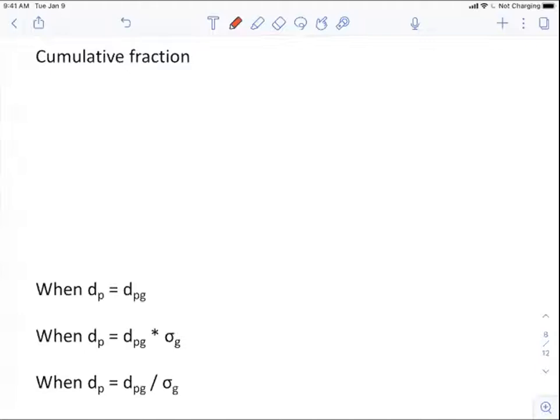Okay, so this is the property of any log normal size distribution, and we can simply derive that with some equations. The way we can derive it is going to tie back to the log normal size distribution.